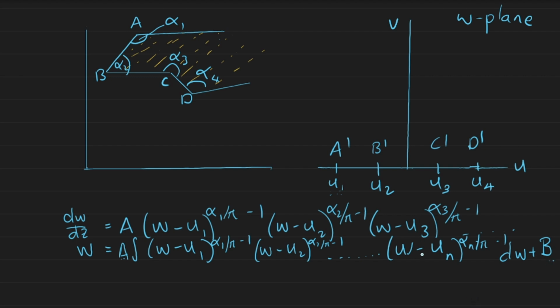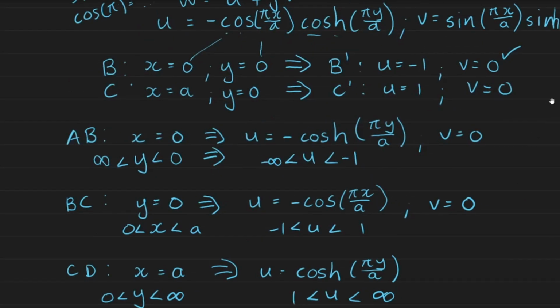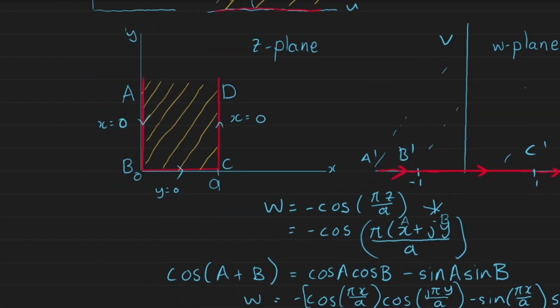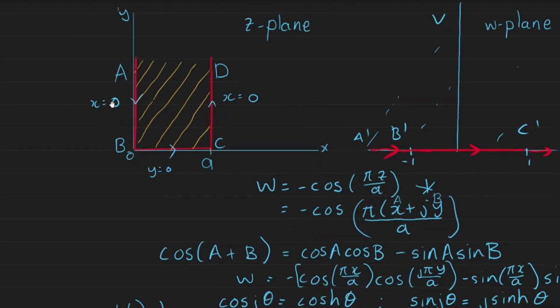So let's apply this to our case. If we go to this example that we had originally done, here we have B and C, and here we have this angle. This angle we can see is 90 degrees, and this is also 90 degrees. So alpha 1 is pi over 2, and alpha 2 is also pi over 2 radians.